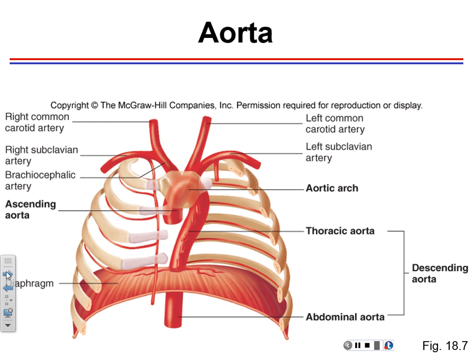See how it turns like that, and then you have the brachiocephalic, and then you have the right subclavian artery and right common carotid. It's called common because the common carotid splits into the internal and external carotid arteries. The internal one will provide the brain, the external one will provide the face and the scalp.